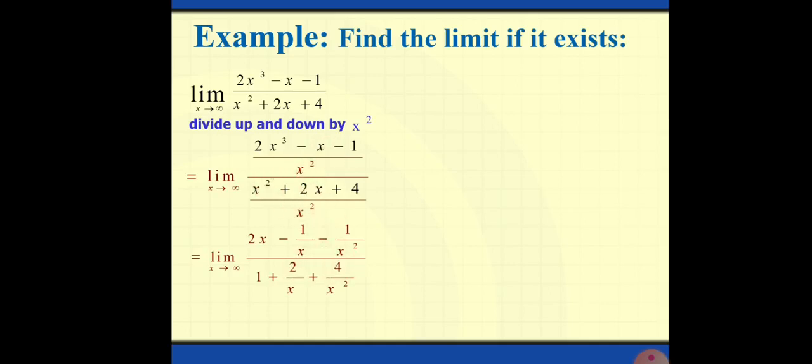So we can use the previous rules, where the limit of 1 over x, the limit of 1 over x squared, the limit of 2 over x, the limit of 4 over x to the power 2 when x approaches infinity are zeros. And when x approaches infinity here, we have the final result, which is infinity, which means that the limit does not exist.